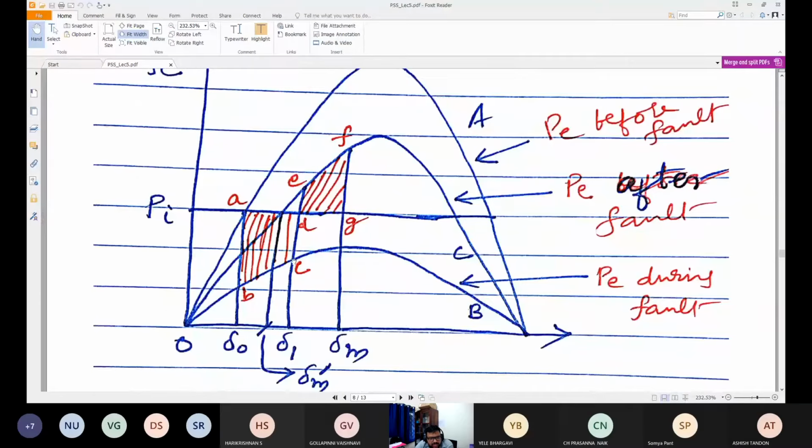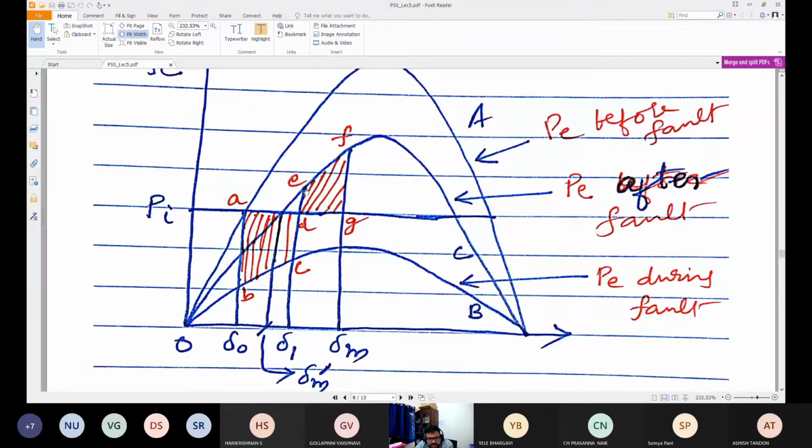So from C, the state point picks up to E, and at E you can see that again PE is greater than PM. PM is PI here, the input power PI. In some textbooks it is given as PM, mechanical power. So again PE is more than PM, which corresponds to deceleration.